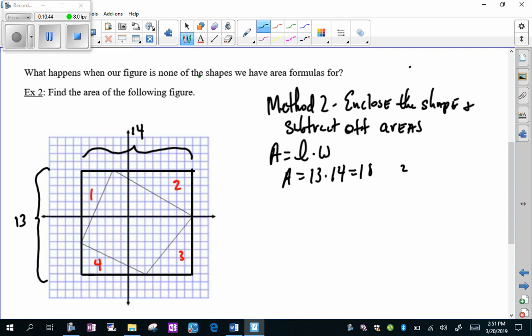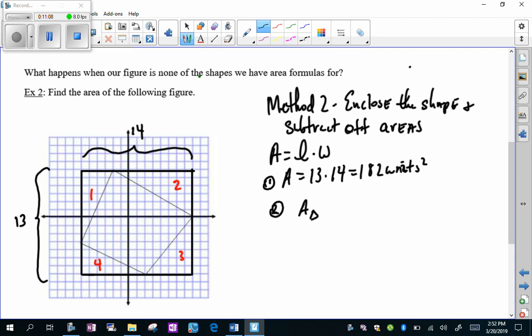It should be 182, units squared. If I subtract the area of those 4 triangles, then I'll get the area of that figure. All right, so that's 1. Number 2, area of the triangle.